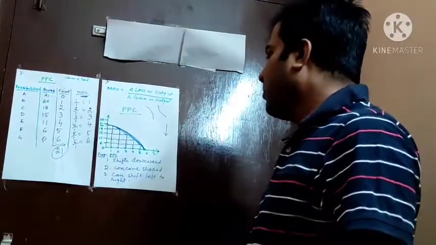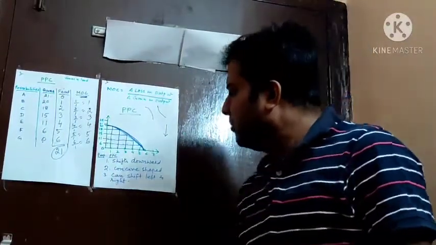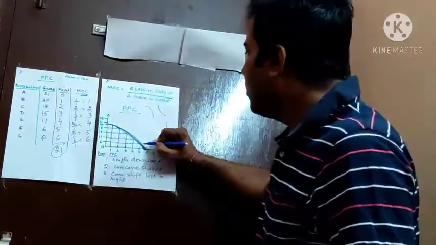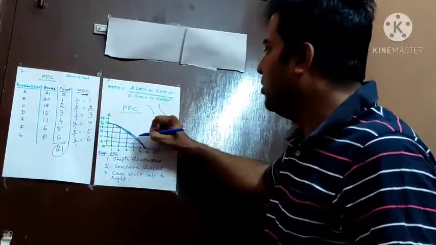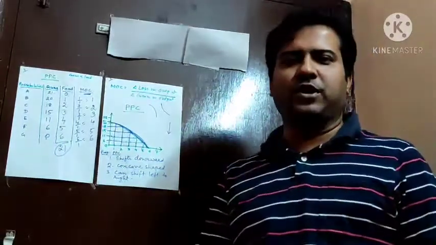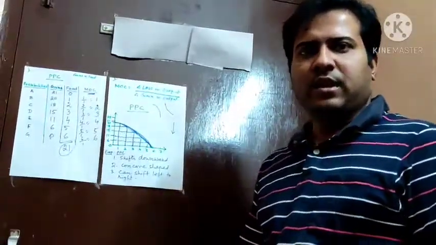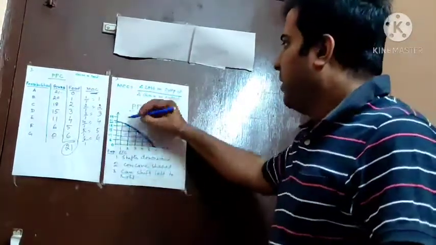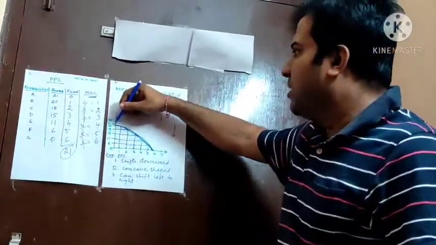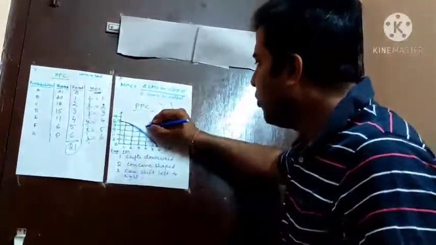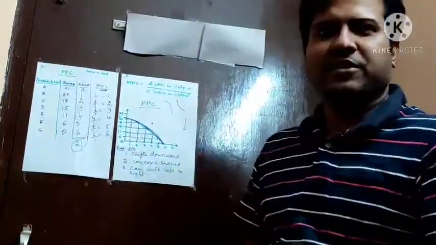Now the third property, it can shift from left to right. That means these are all resources. These are all resources I have included. But this point is not given in your book. Now, this is the production of guns. If I want to produce more, then what do I have to do? I have to increase the resources.